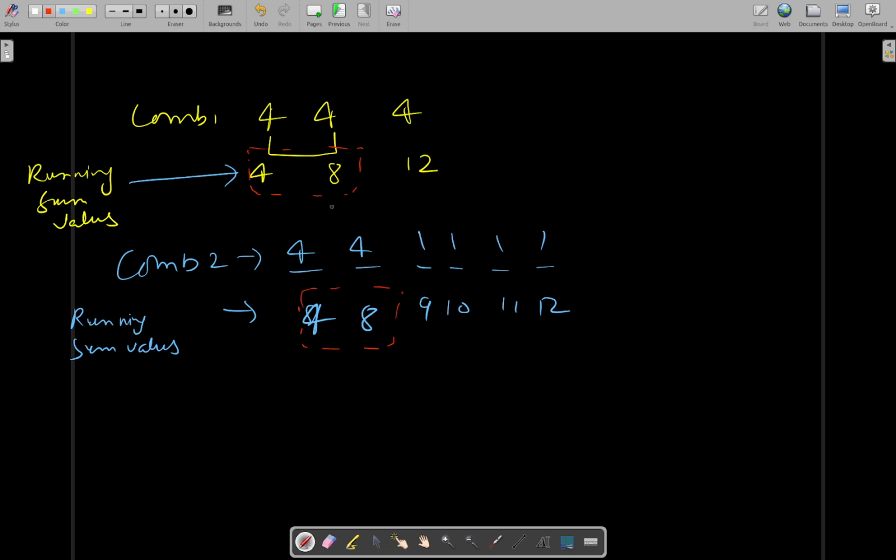Let's say you knew how many combinations will be required to form 8. Okay, how many numbers will be required at minimum to form 8?